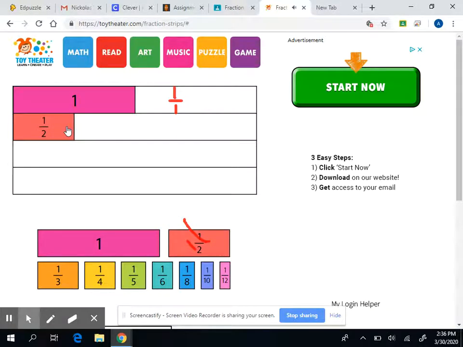We have 1/2 now. I wonder if we can find fractions that are equivalent to 1/2. How many fourths are equivalent to 1/2?